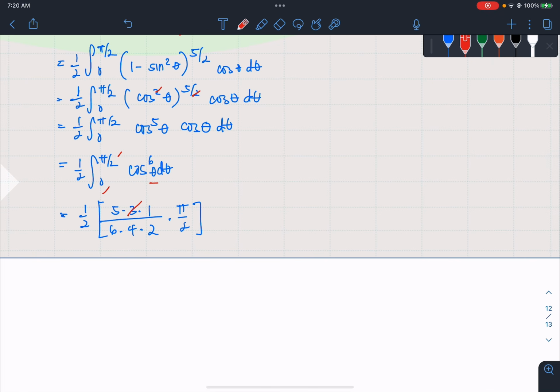So I have 3 and a 6, so this will become 2. Then 5, so I'll just have 5 pi, divided by 2 times 2, 4, times 4, 16, times 2, 32, times 2, 64. Right?